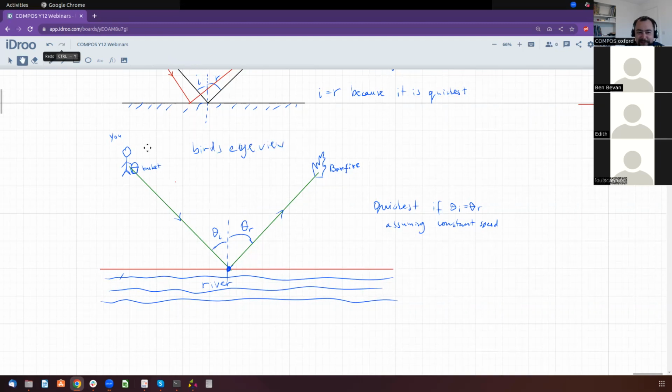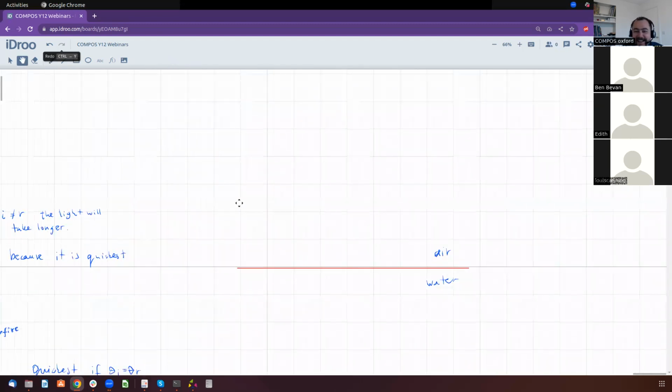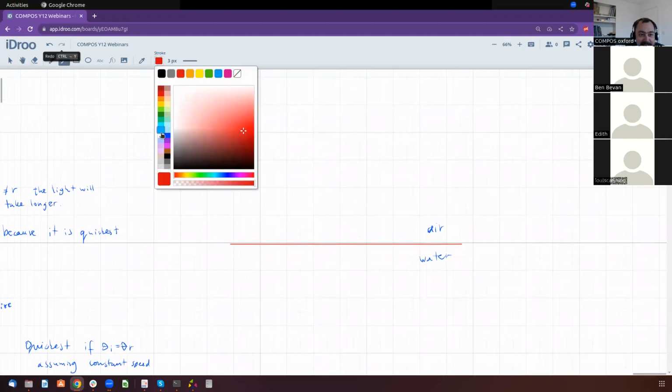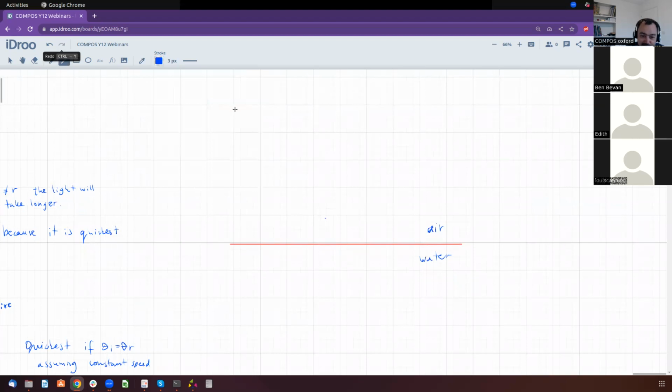I hope everybody understood that. Boundary between air and water, and if light hits the boundary, it refracts. You know that.